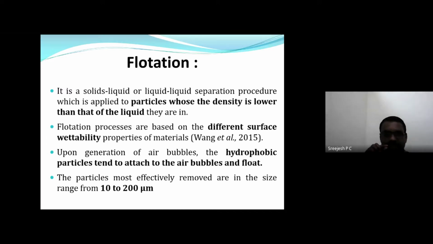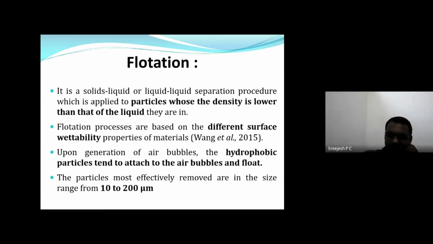So in another sense, flotation helps you separate hydrophilic and hydrophobic particles, where the hydrophobic particles attach to the surface of the bubble, rise along with the bubbles, and reach the surface of the liquid.